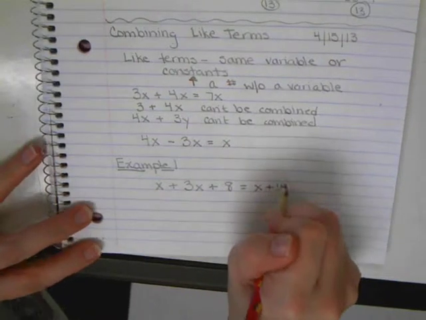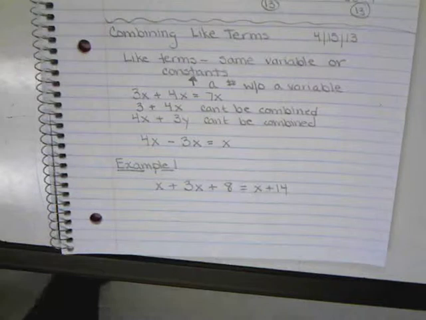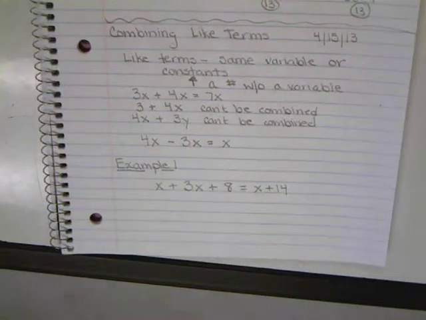x plus 3x plus 8 equals x plus 14. This looks like kind of a long equation. Can I do anything to make it a little less cluttered?